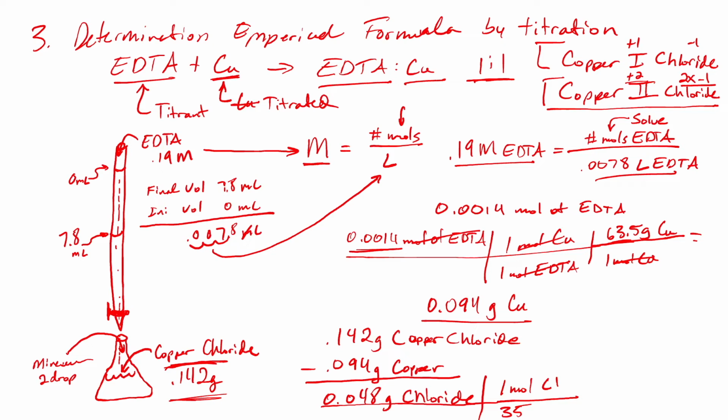There's chlorine. And its molecular weight is 35.5. We'll just round up grams. That will give us the number of moles of chloride in the solution. So 0.48 divided by 35.5.